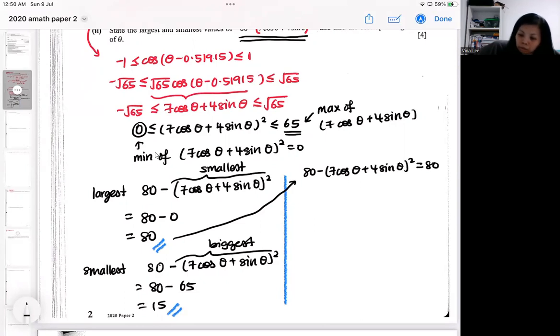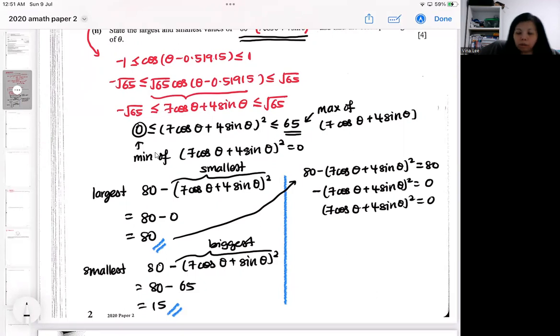So you will get something like this. Bring the 80 over, you will get a 0. Then divide the negative over, you will also get a 0, 0 divided by negative 1. And then when you take square root, you also get a 0.